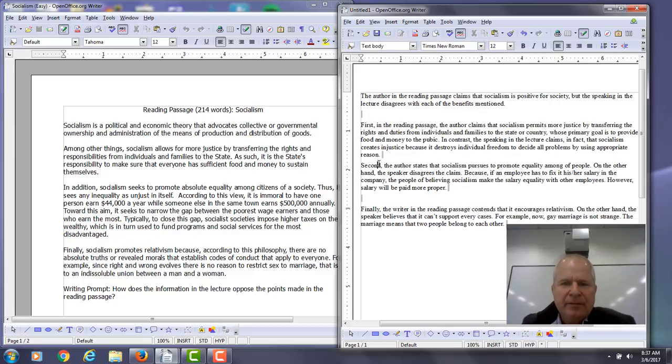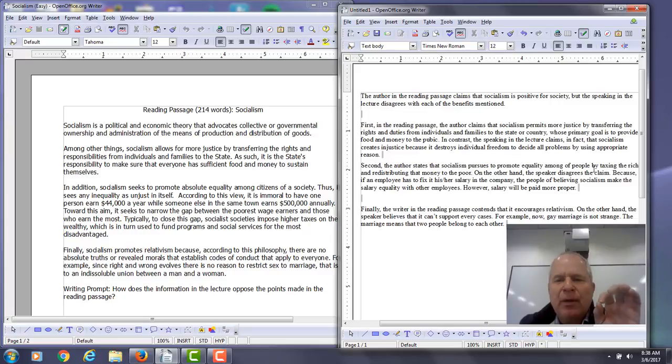On the other hand, you can say by taxing the rich, redistributing that money to the poor. So you're almost there, but you're not quite developing your ideas enough.